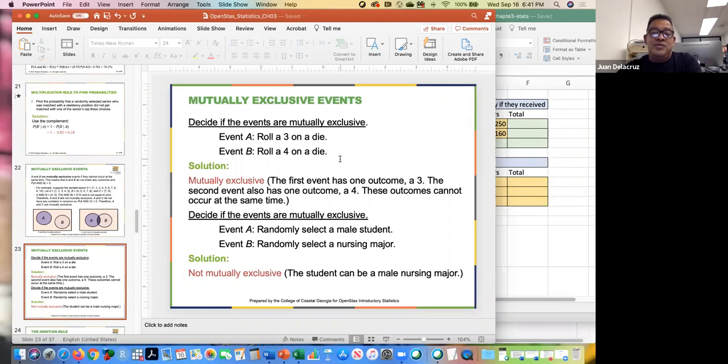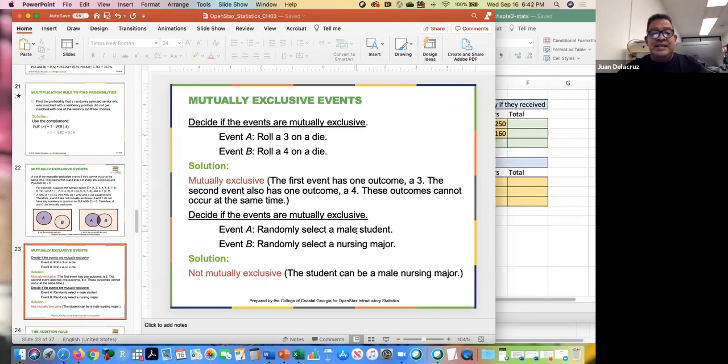Those are mutually exclusive because when you roll the die and it's a 3, it cannot be other numbers. So these outcomes cannot occur at the same time, unless this is a very weird die, but we are thinking about a fair die.